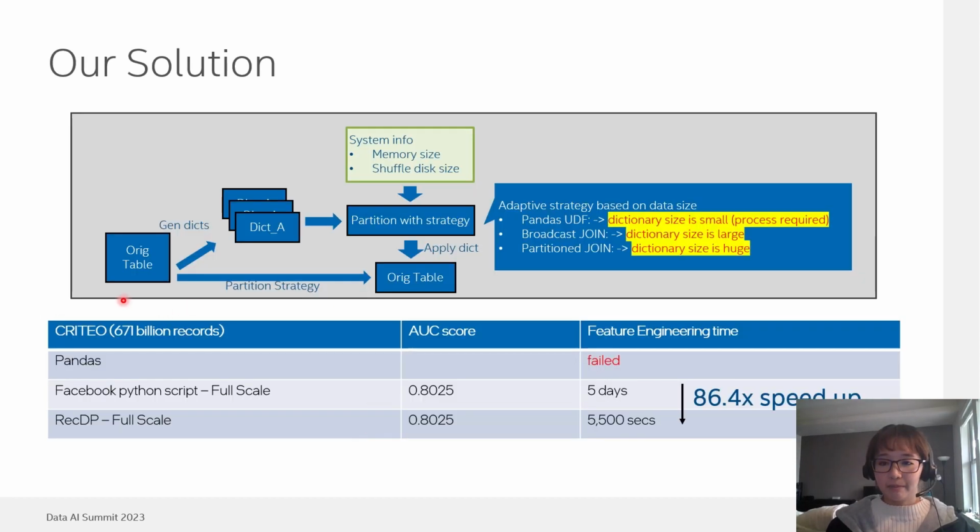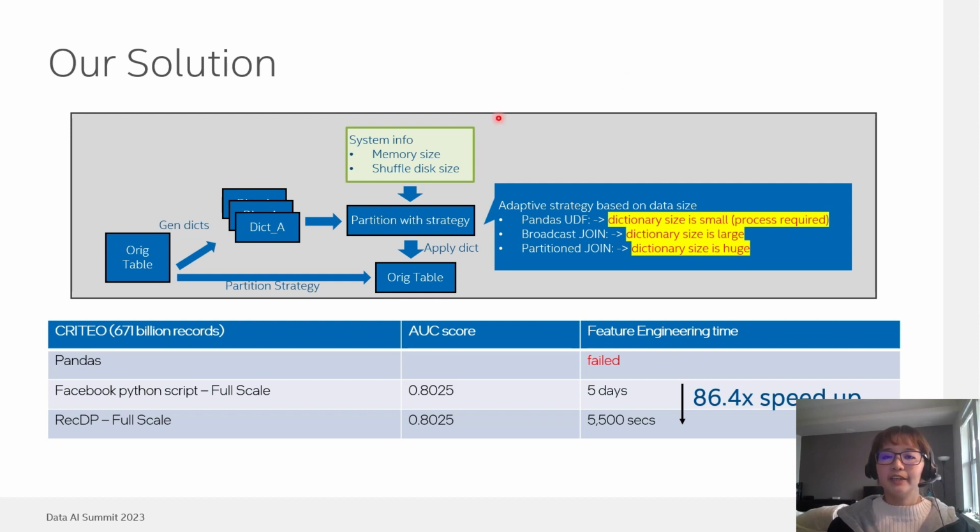Since this is a demo presentation, I will only talk about the solution of using an adaptive memory strategy to resolve the Categorify problem. In our pipeline, we fetch system information on how much memory and shuffle disk capacity we can use, and we use this information along with the actual dictionary size to decide which join strategy to use.